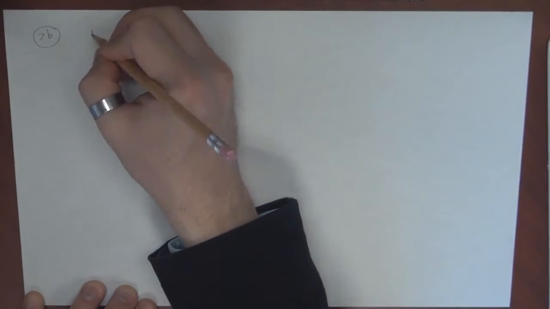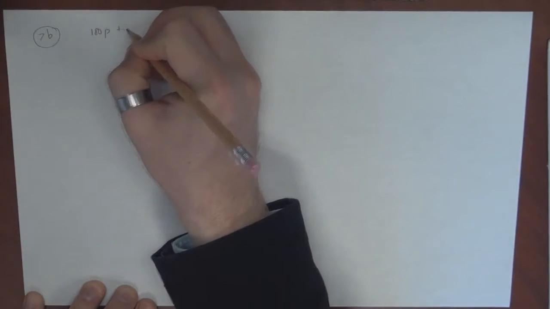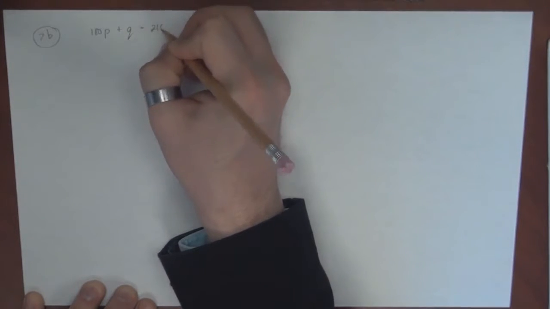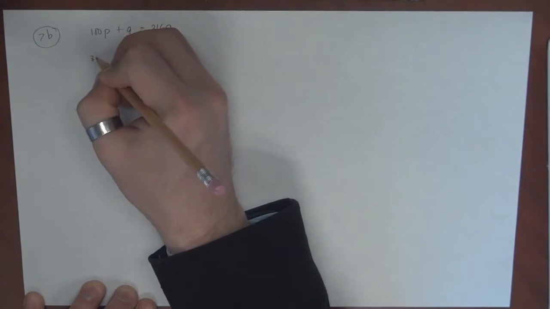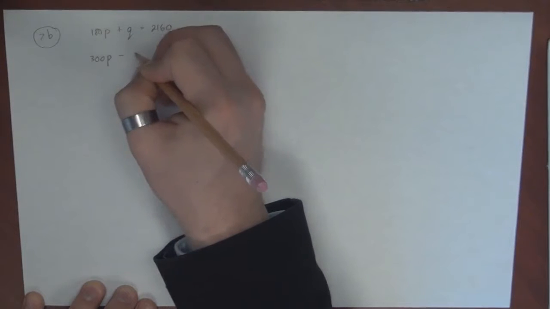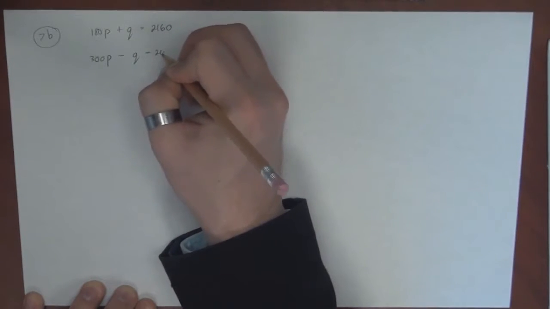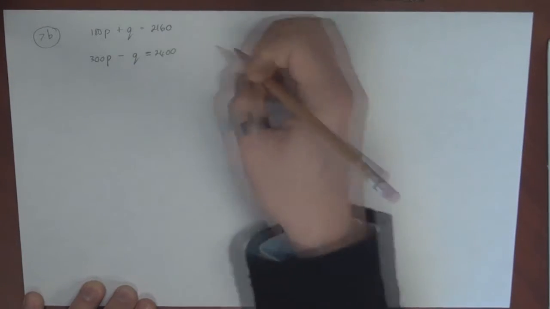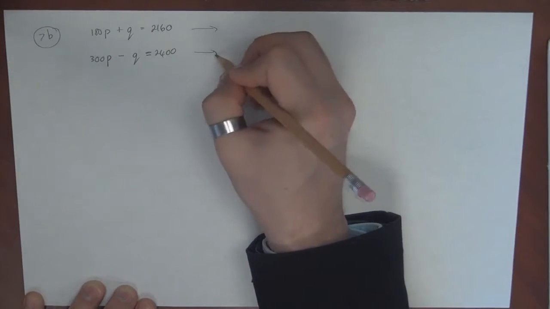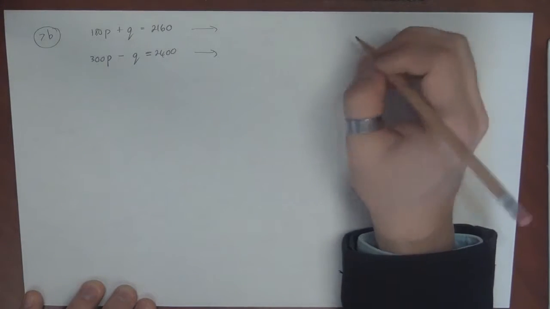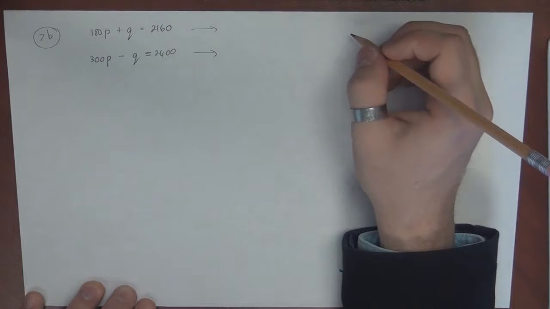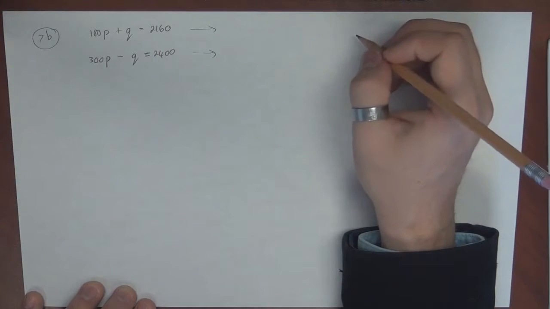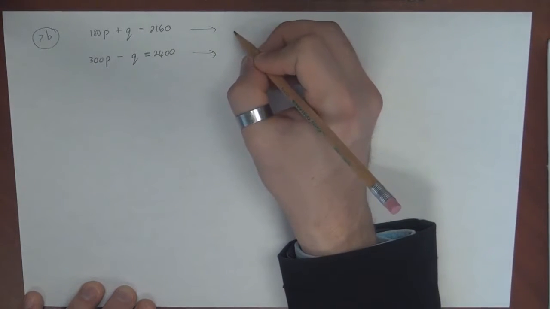So I had 180p plus Q equals 2160, and the other one was 300p minus Q equals 2400. Now if I do write them in the P equals MQ plus B form, I can easily identify which one is demand and which one is supply.